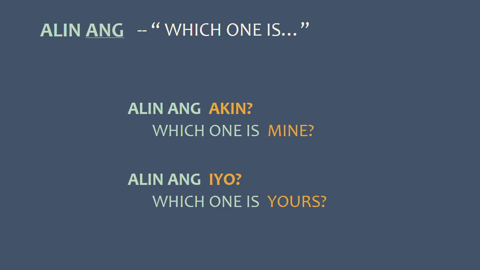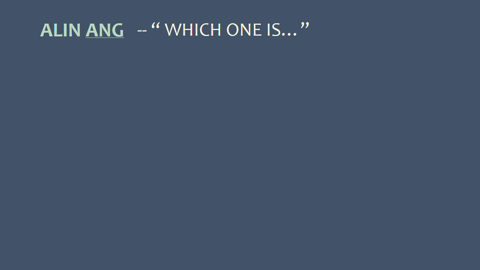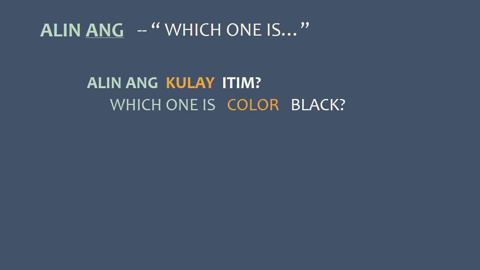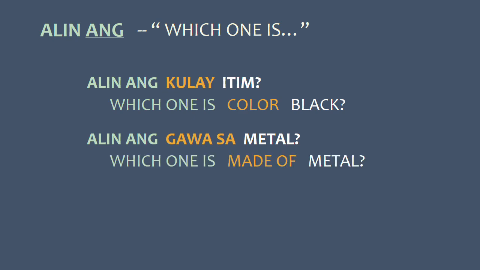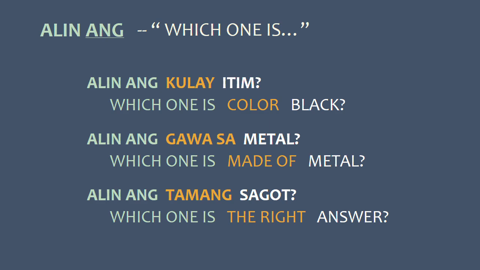Which one is yours? Alin ang kulay itim? Which one is color black? Alin ang gawa sa metal? Which one is made of metal? Alin ang tamang sagot? Which one is the right answer? Very simple so far.